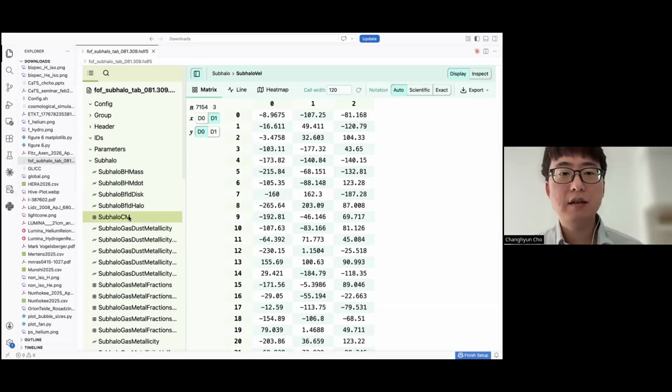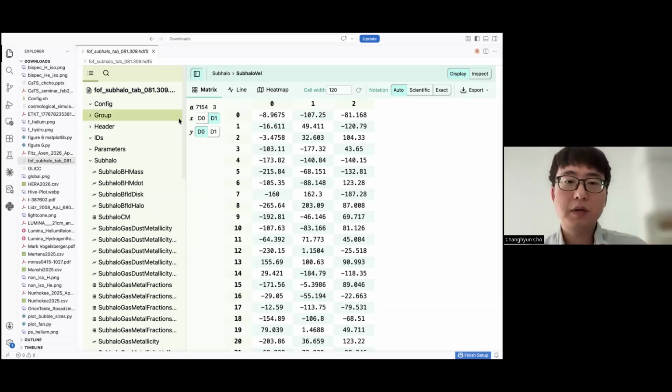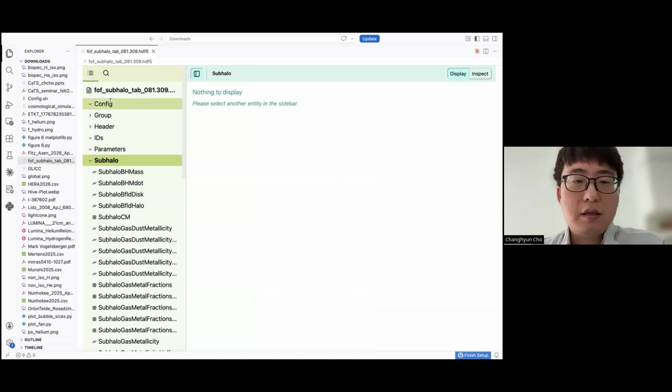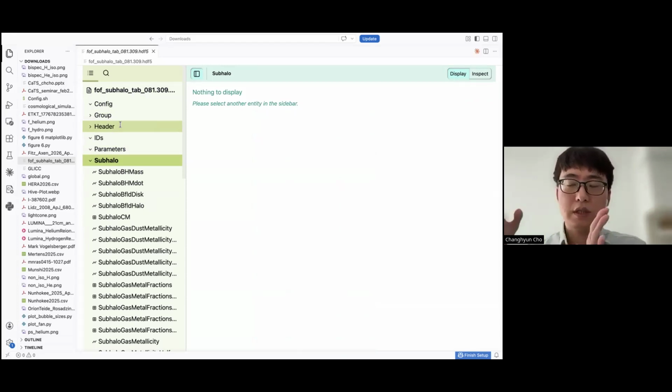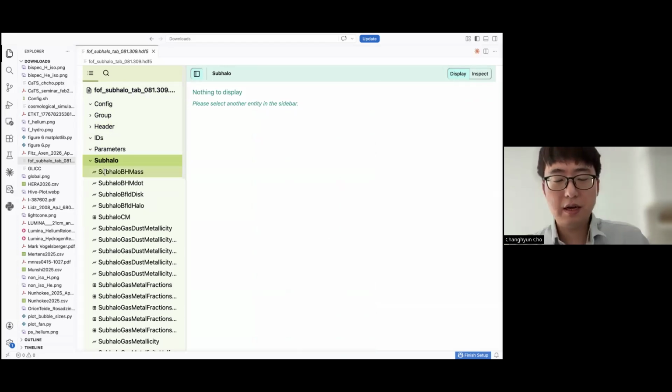If you actually download the HDF file, I just opened some random HDF file, which is the group catalog, and you see the whole structure. It has a header which contains the whole simulation information, and this is the subhalo structure, or directory.